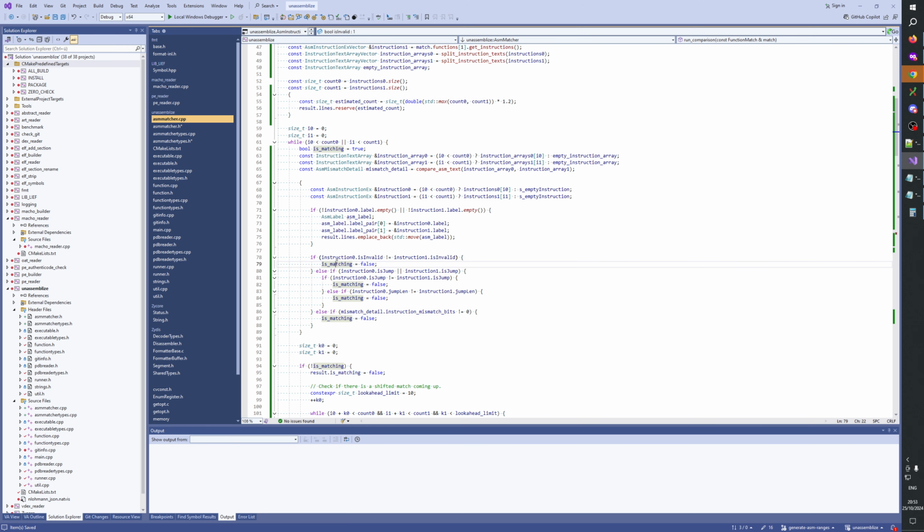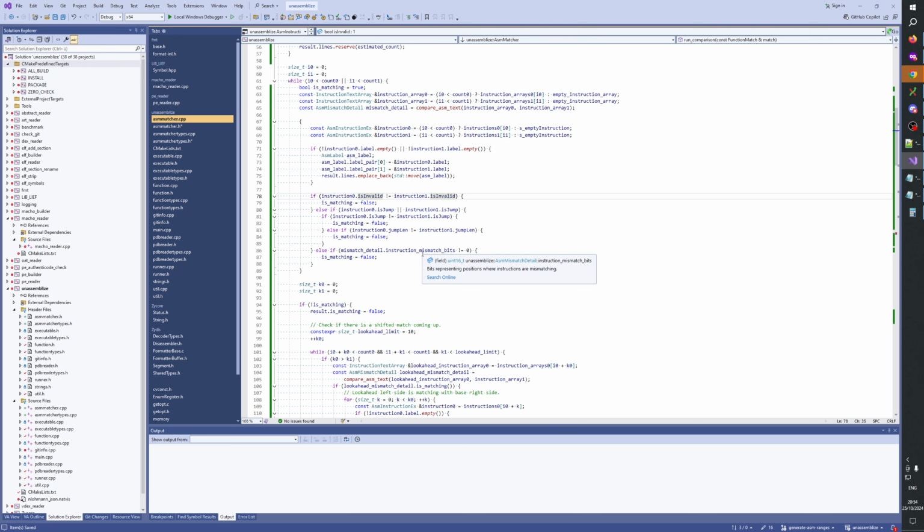Is matching for there. Let's jump. I do actually want to, if is invalid, what does it mean for our text?